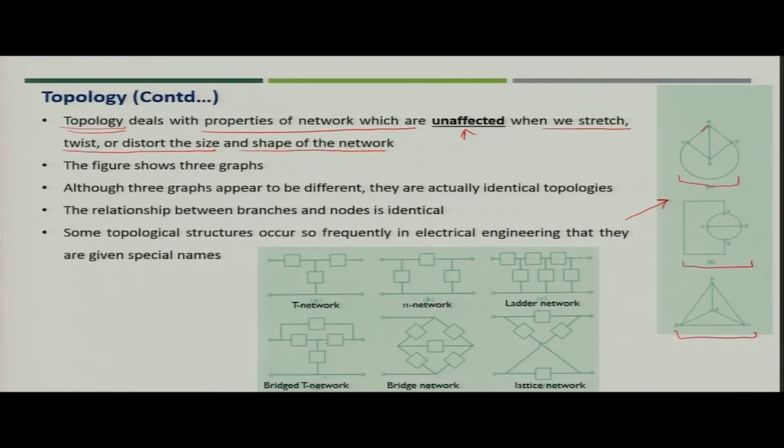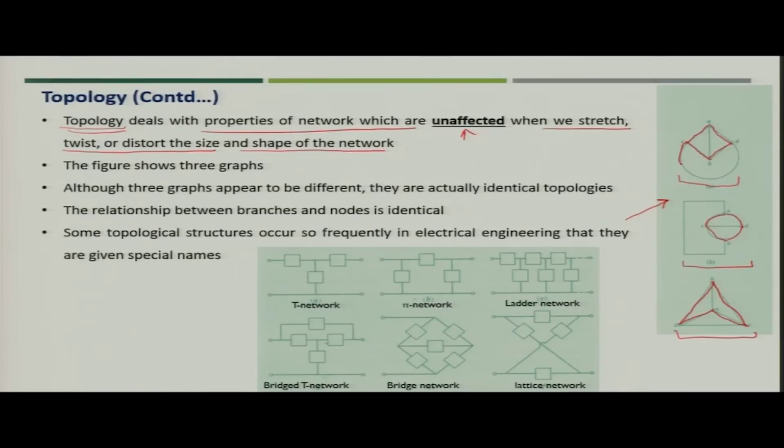Say in this example, A is connected to C here, A is connected to C here and A is connected to C here. A is connected to D, A is connected to D and A is connected to D. C is connected to B, here also C is connected to B and here also. B is connected to D here, here and here.